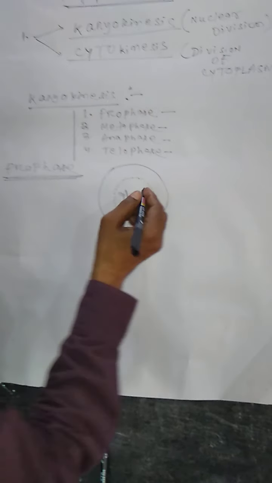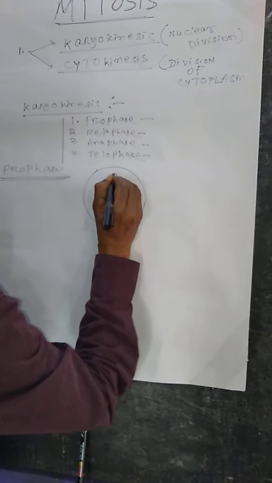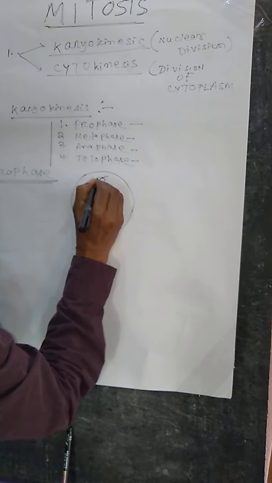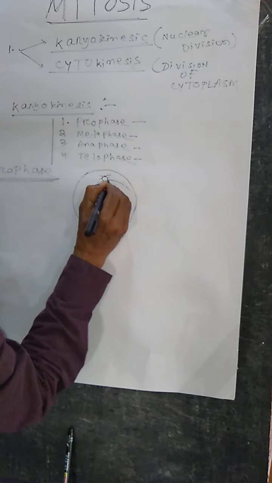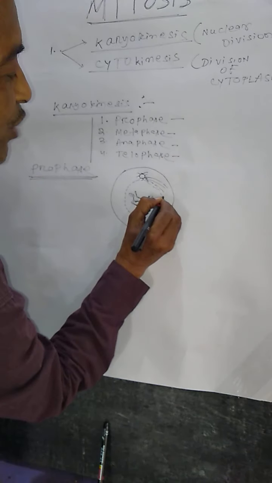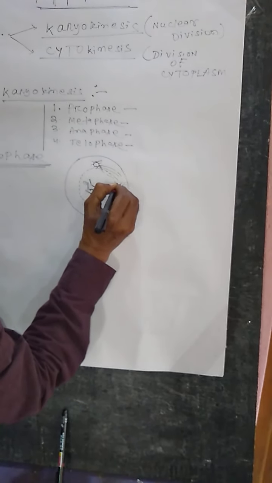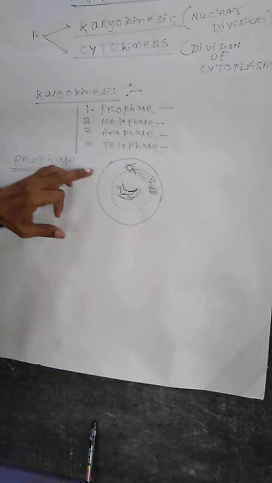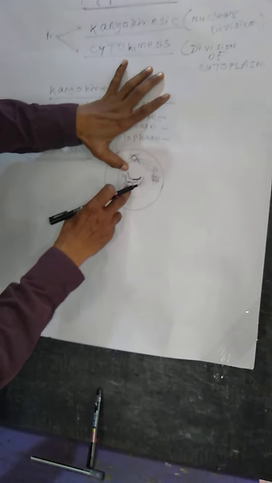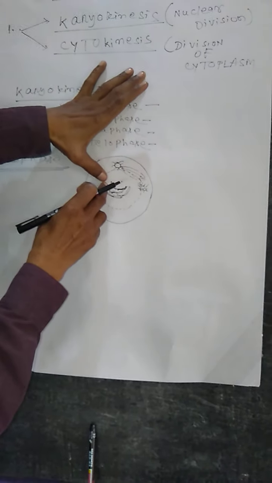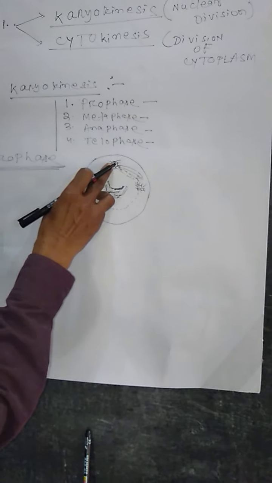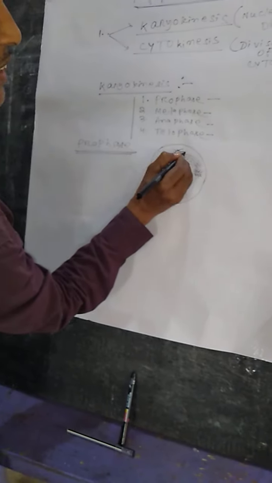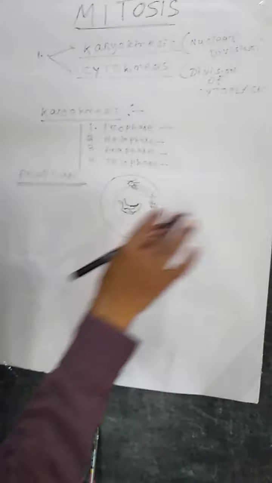These chromosomes become distinct, and the centrosome divides into two centrioles, radiating astral rays and spindle fibers, and they move towards each pole. Then chromosomes appear, and the nuclear membrane and nucleus start disappearing. The centrosome divides into two centrioles that move towards each pole, with astral rays and spindle fibers radiating from them.